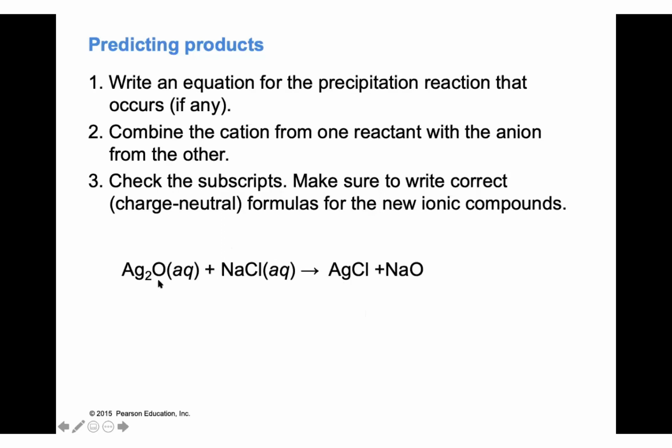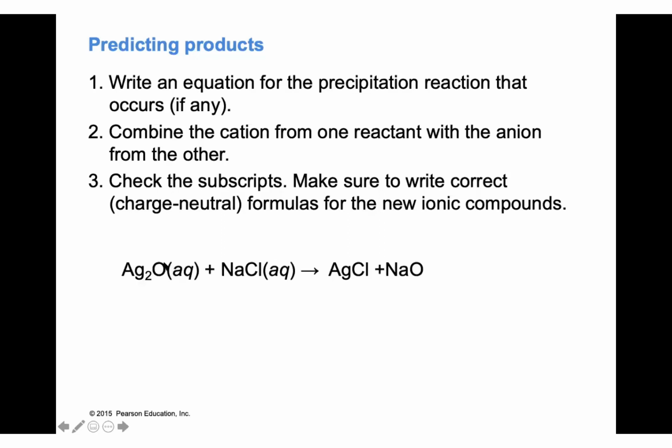Ag was with oxygen, now it is with Cl, and Na, which was with Cl, is now with O. If you pay attention, I did not move the subscript, okay? Why do you think I should not move the subscript? If you remember from the nomenclature video and formulas, when you have this formula, this subscript is from oxygen, because oxygen is 2 minus, right?